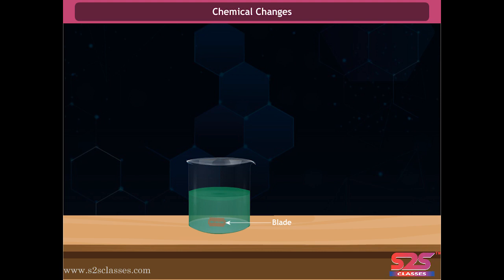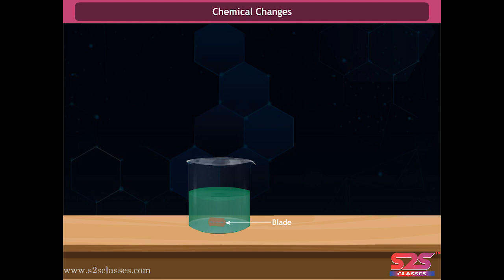The changes that you notice are due to a reaction between copper sulfate and iron. The change of color in the solution from blue to green is due to the formation of iron sulfate, a new substance. The brown deposit on the iron nail is copper, another new substance.